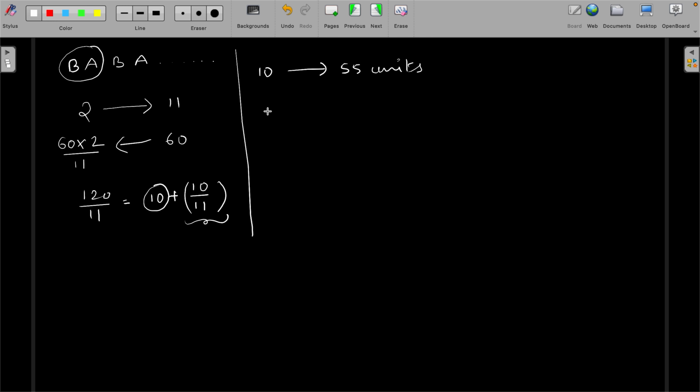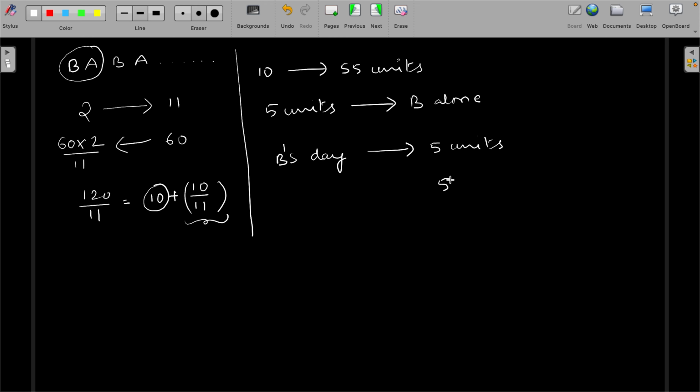The remaining 5 units will be done by B alone, as the sequence is BA, BA, BA. So B's 1 day work is 5 units.